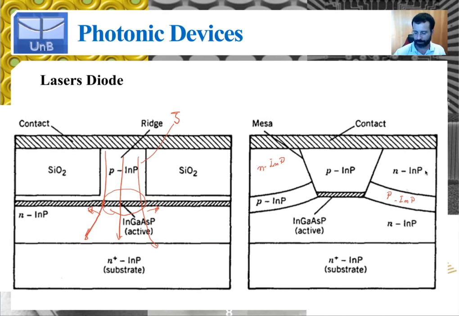And this is placed here so that you'd have a reversely biased junction here and here, and this prevents current from flowing here. So current would flow through here, right?